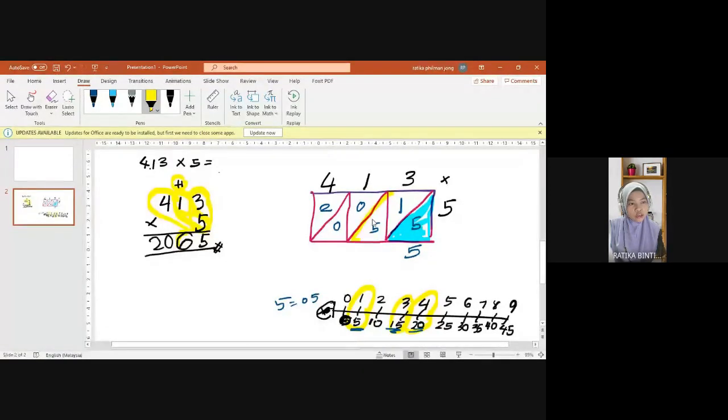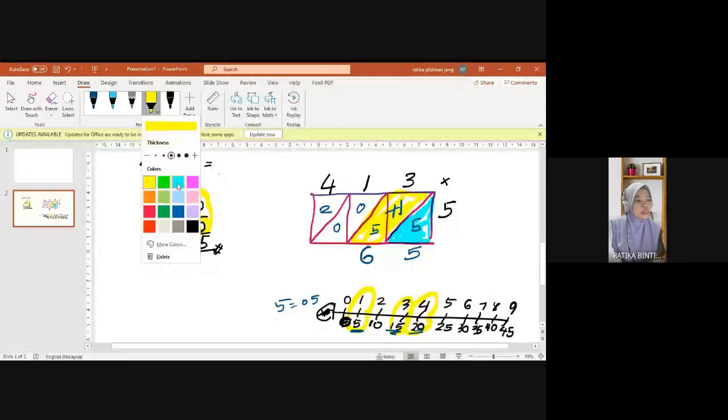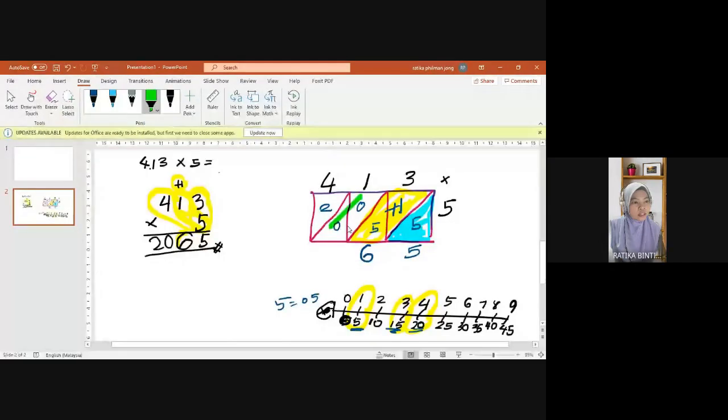We add 5 plus 1, which is 6. Write the answer here. Don't write it there, we are adding this one. Next, we do it one by one.